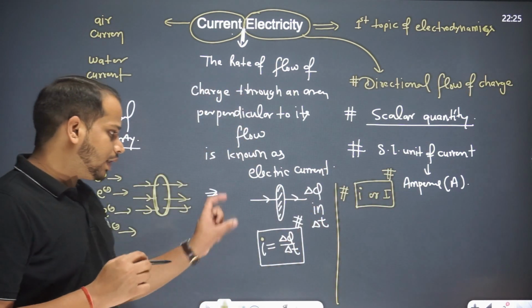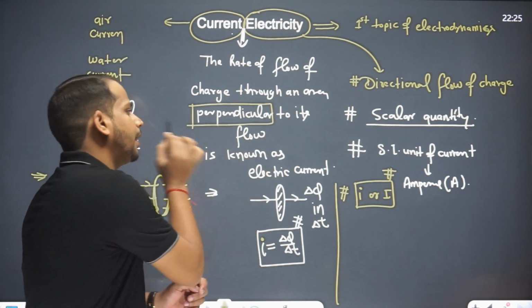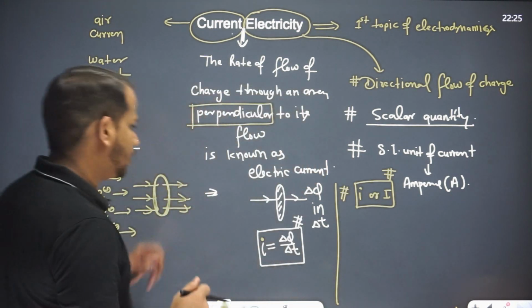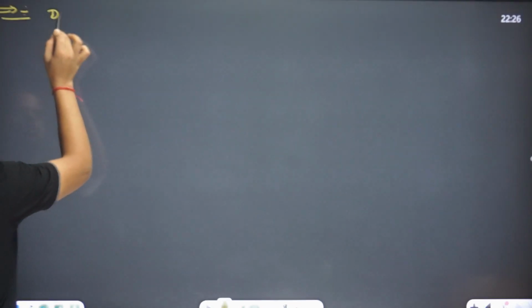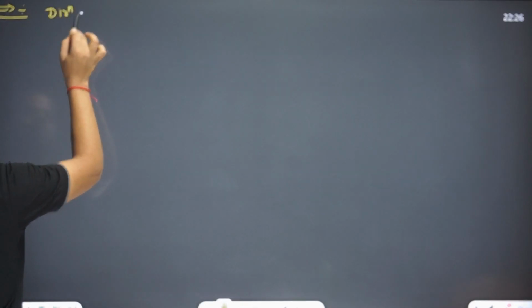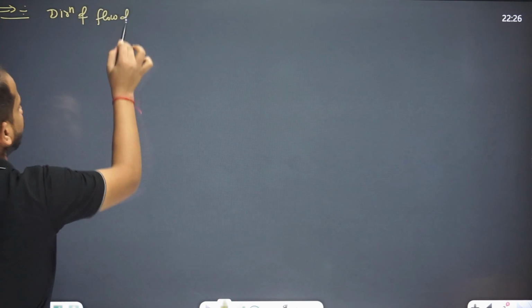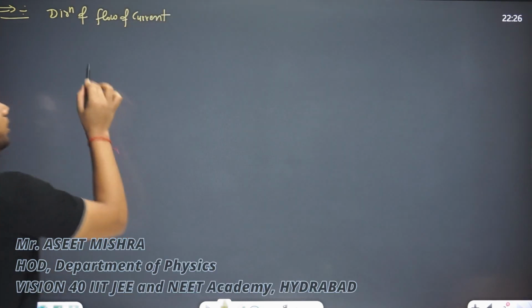If it's a directional flow, what type of area do we have to take? We have to take a perpendicular area. Okay, so let's see here. If there is an area, what can we say about the direction of flow of current?